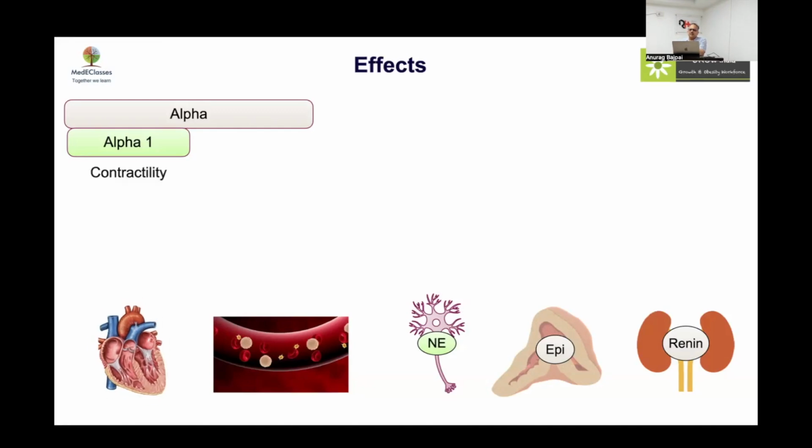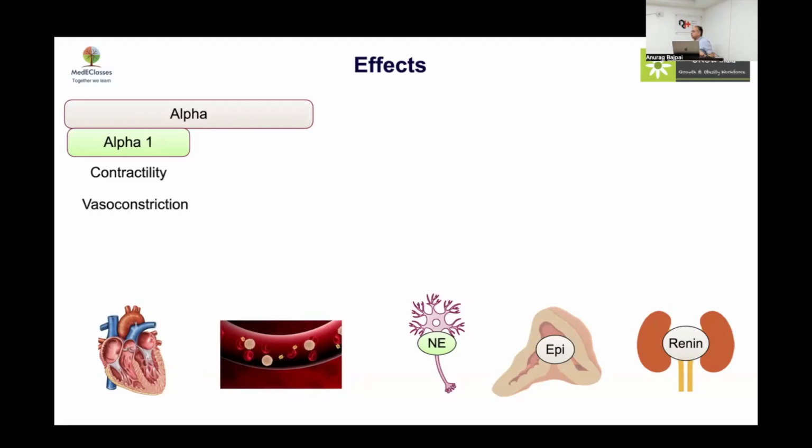Alpha 1 mainly works on the pumping of the heart, the contractility part, and it will cause vasoconstriction. This is the one that causes hypertension and other aspects, and therefore the drug prazosin, a selective alpha 1 blocker, may be quite helpful in this scenario.